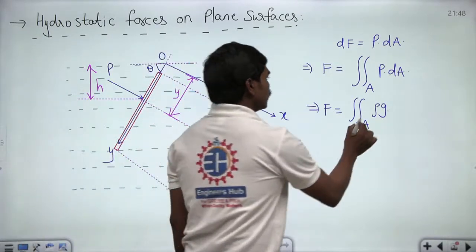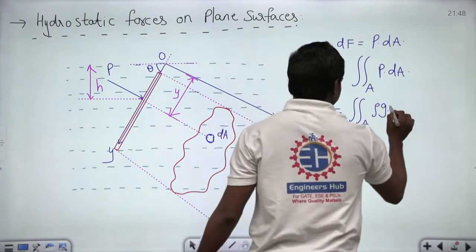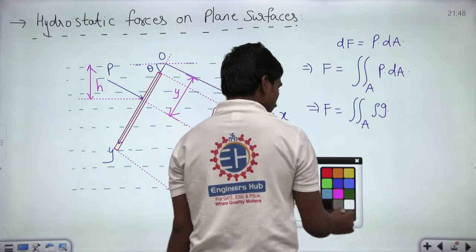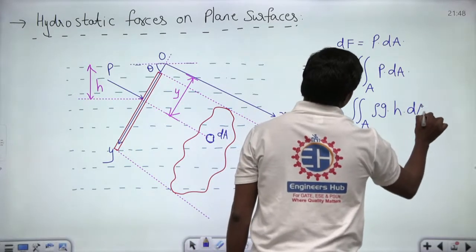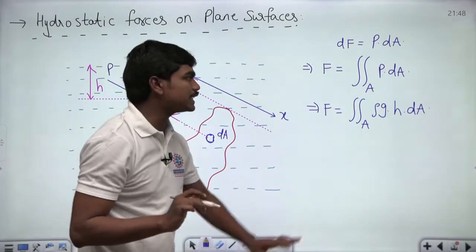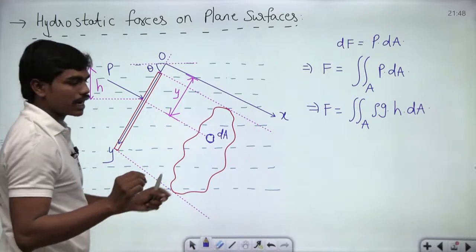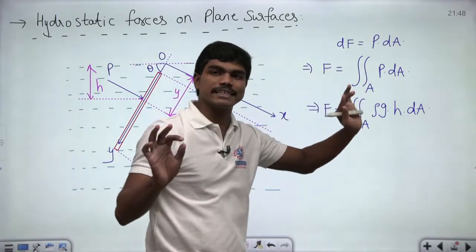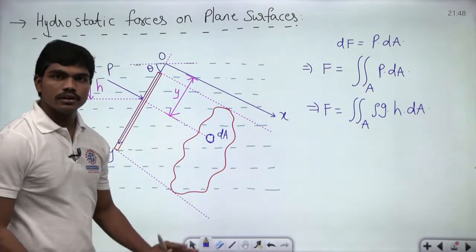So, can I write the pressure at this location, which is at a vertical height of h, as rho g h into dA? Because this point is at a vertical distance of h from this free surface, and this P which I am writing here is gauge pressure, because I am assuming that one side of this plate is open to atmosphere.